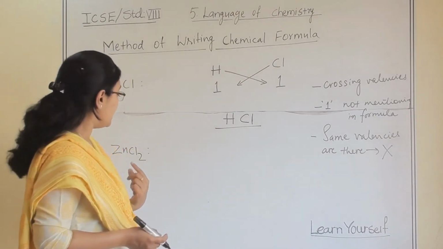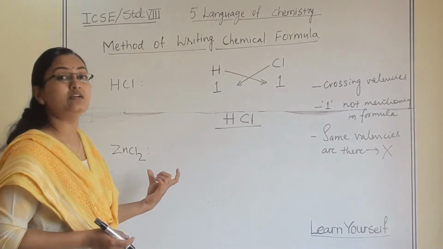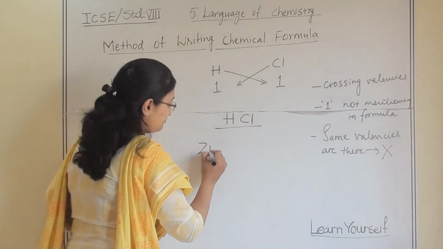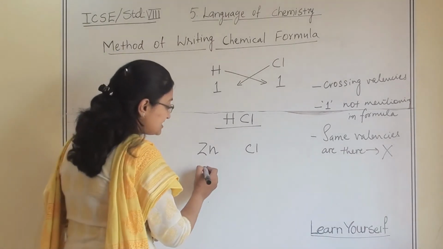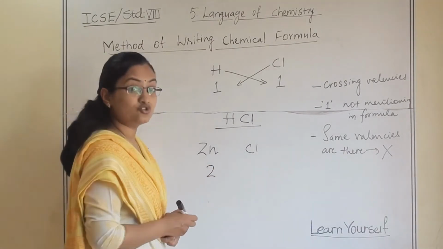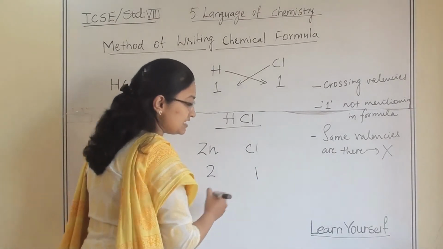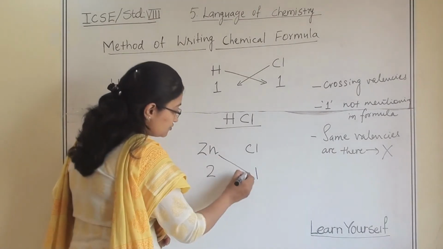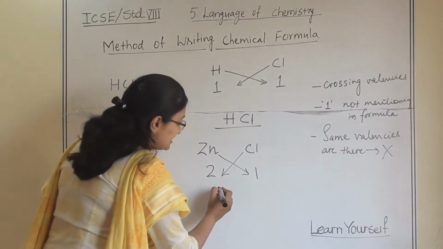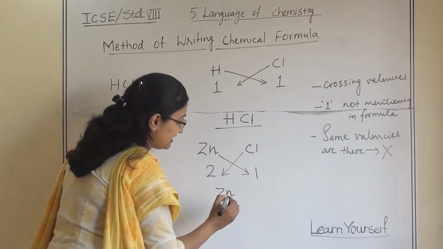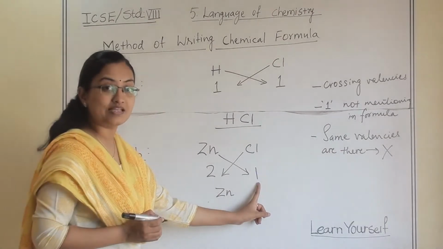Let us take another example. Zinc chloride. Let us write first zinc, and here we are writing chloride. What is zinc's valency? It is 2. And what is chlorine's valency? It is 1. So let us cross their valency. So when we are writing zinc, we are attaching chlorine's valency, and it is 1.